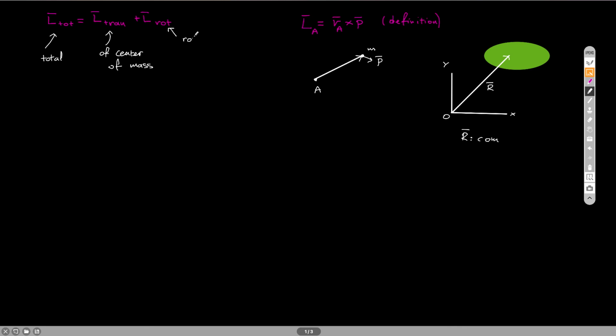So this is the rotational or spin angular momentum that essentially describes the motion of the solid object around the center of mass.